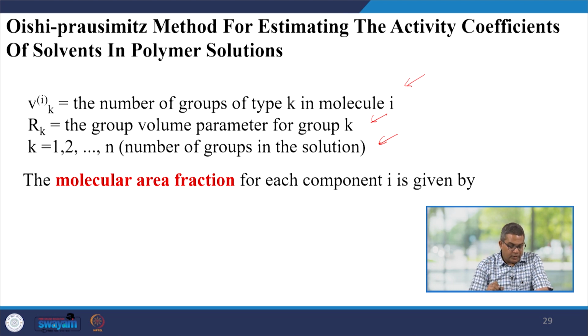So the molecular area fraction for each component I is given by theta I is equal to Qi Wi over Mi, over summation j Qj Wj over Mj.